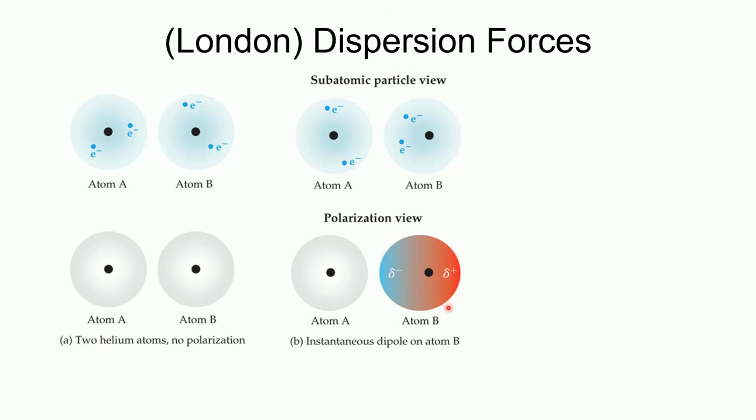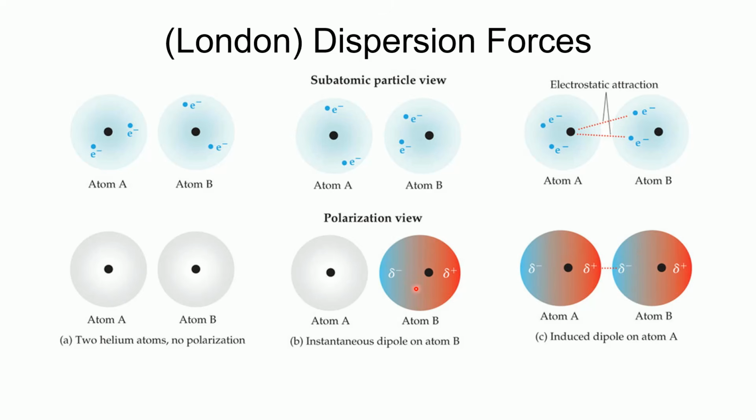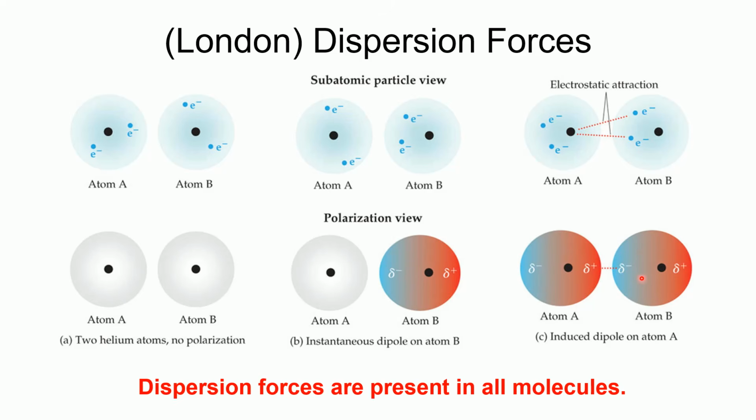It turns out that that slight and very temporary dipole, we call it an instantaneous dipole, can induce a dipole in the next atom. Because this one is a little bit off balance, it causes the next one to be a little bit off balance. The negative charge pushes the negative charge in the next atom a little bit over, and so we get an induced dipole in the atom. We call this dispersion forces, and the ability of a molecule or atom to do this we call polarizability.